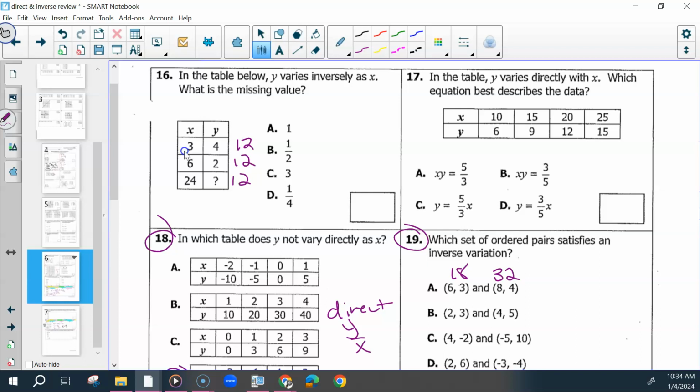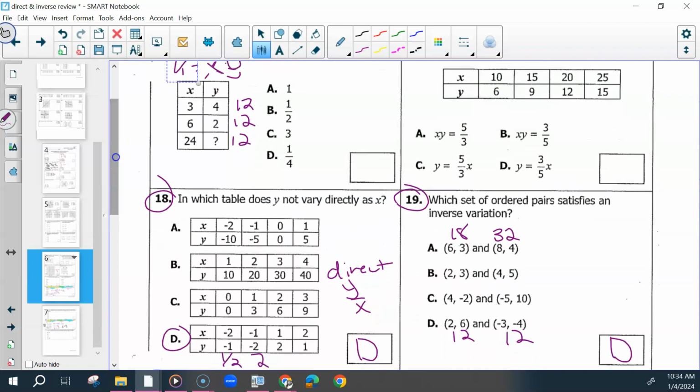We know it's k equals x times y, or y times x. We know x, we know k, we don't know y. So you can either set this up in the same format, or you can set it up in your inverse equation, y equals k over x.